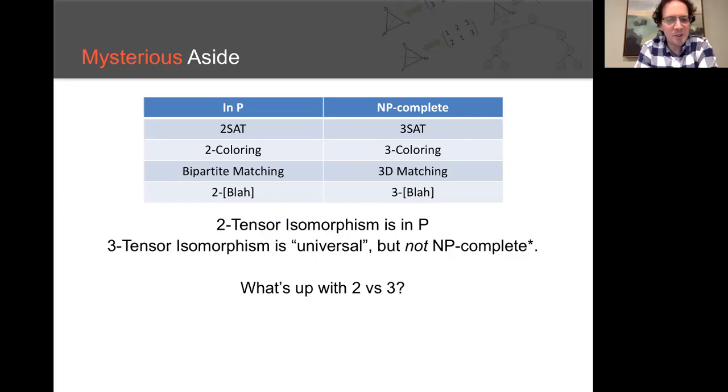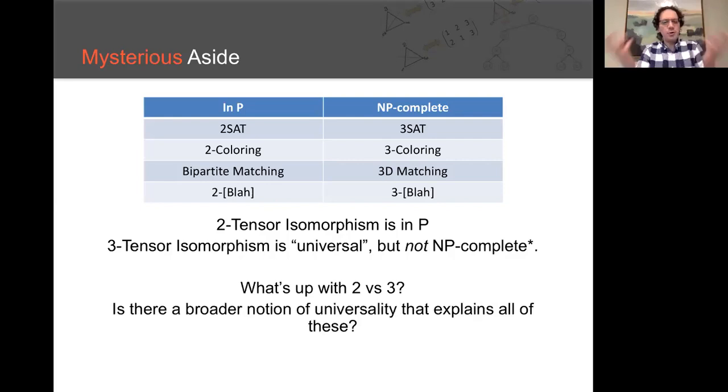And so the question is, what is going on here? Is there some broader notion of universality that encompasses both what we see for tensors and the notion of NP completeness, that explains all of these? Why is the jump from 2 to 3 in all of these, even though in one case, it's about NP completeness, and in another case, it's about linear algebraic isomorphism problems that are not NP complete?